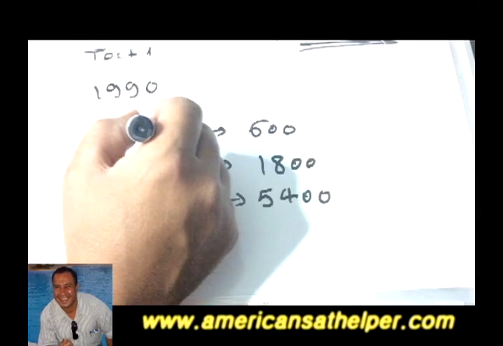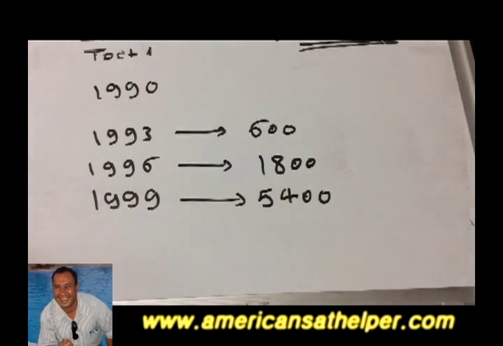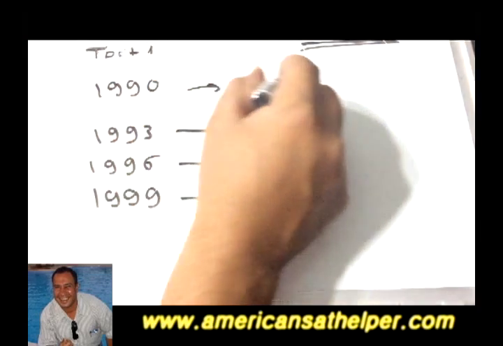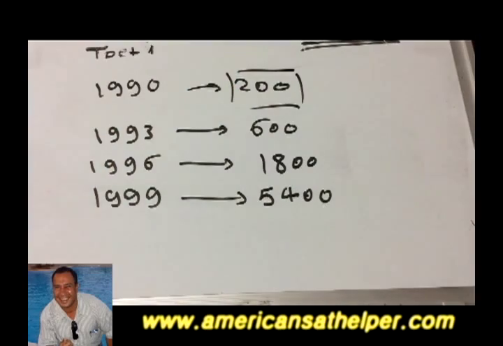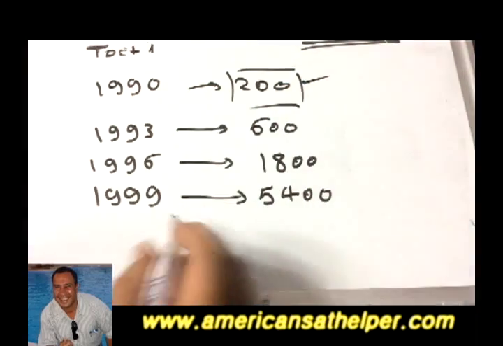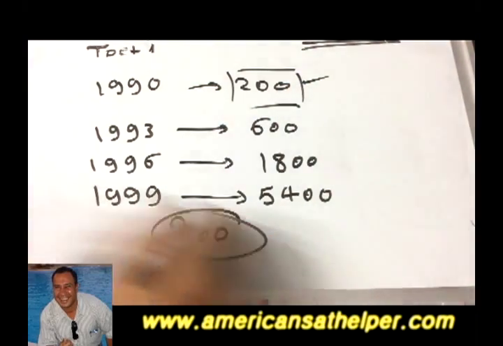And if we go back another 3 years, we divide by 3 again. This will be 200. So the number of squirrels in 1990 was 200 squirrels. So the correct answer is 200.